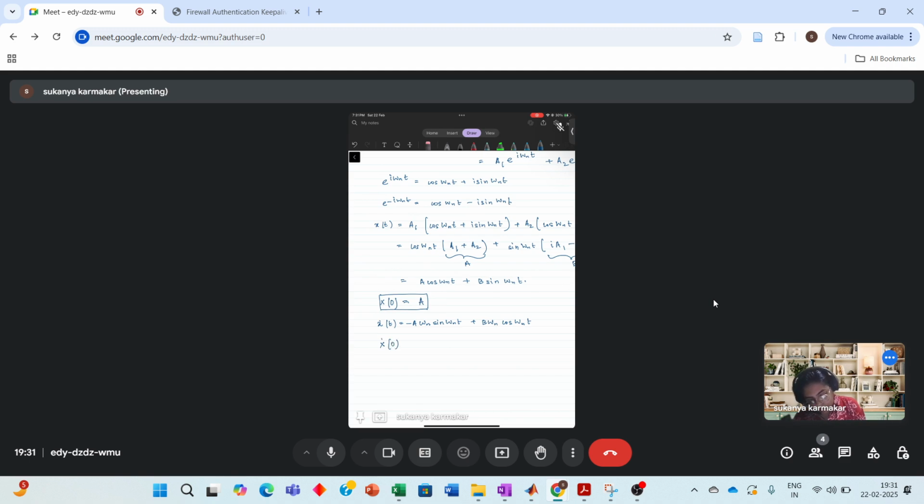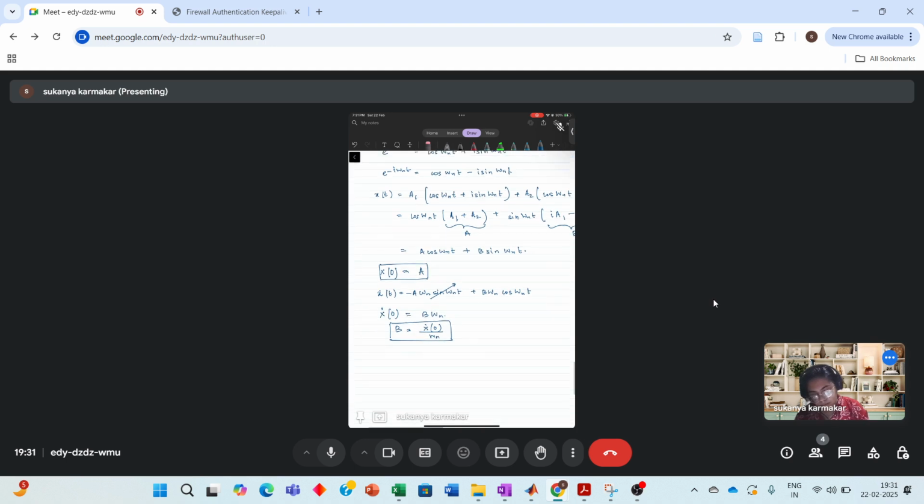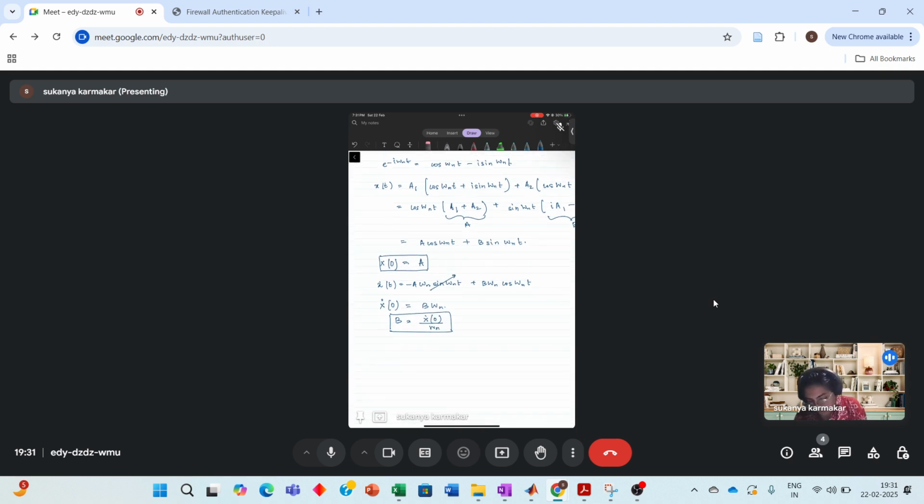This term goes away because at time t is equal to 0, sine 0 is 0, and we have b omega n. So b is equal to x dot 0 by omega n. So using initial conditions, we found the values of a and b, right? So now you can write down the expression for x of t.